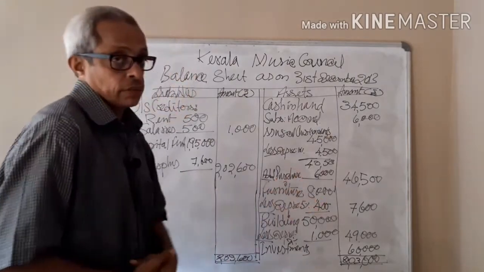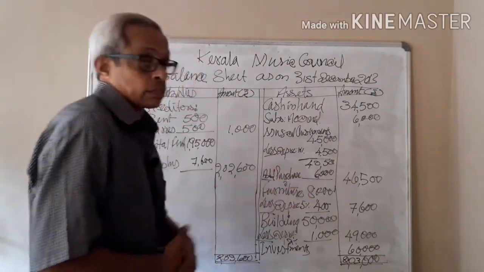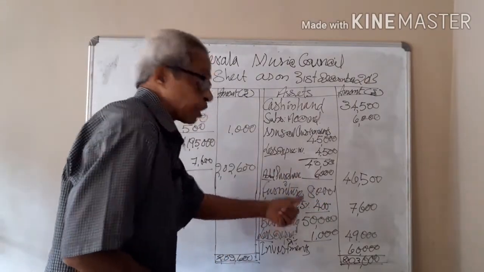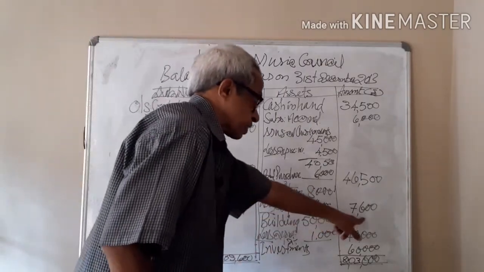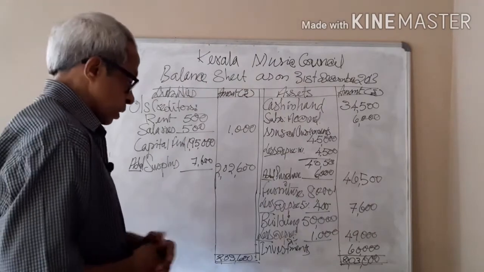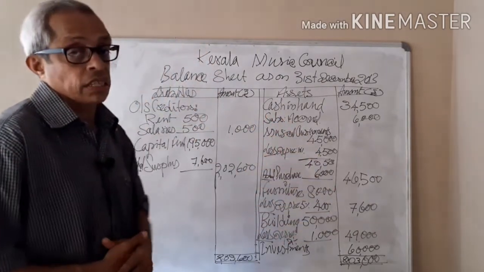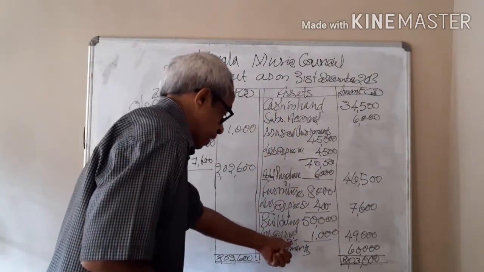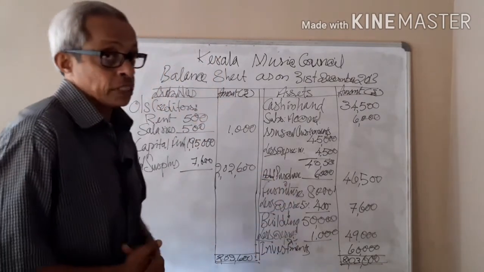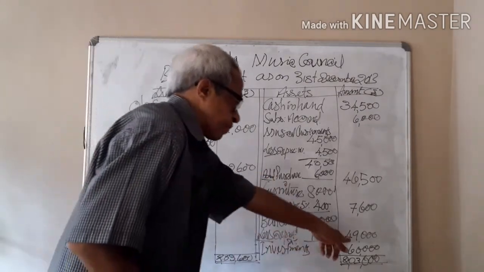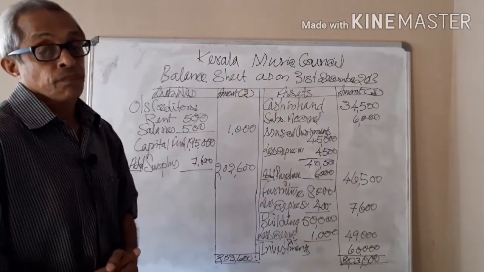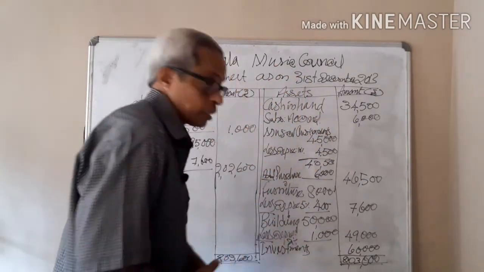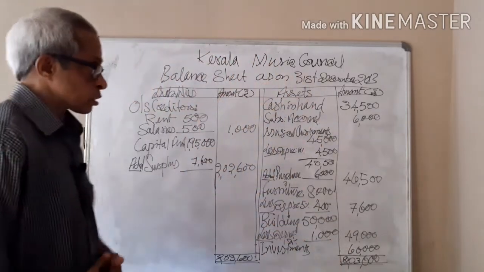And then furniture, that is 8,000, and we deducted the depreciation, that is 5% from the first paragraph. The balancing figure is 7,600. Then building, that is 50,000, depreciation being 2%, that is 1,000, and we deducted that depreciation figure, and the resultant figure is 49,000. Then investments, that is 60,000.